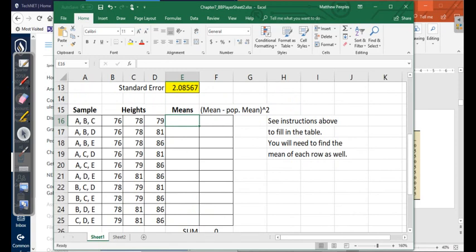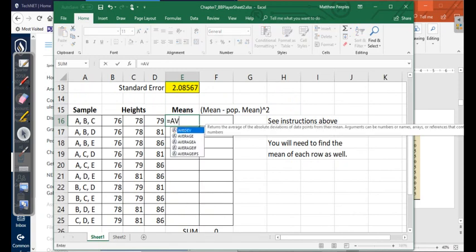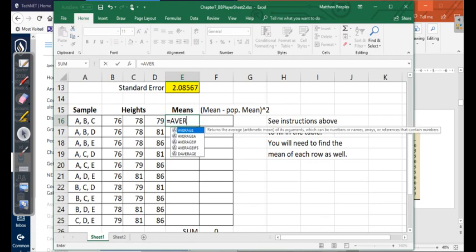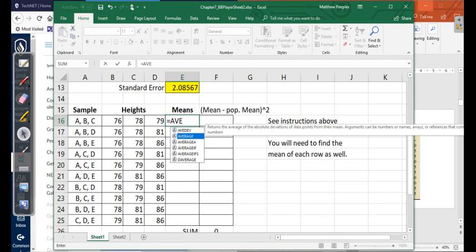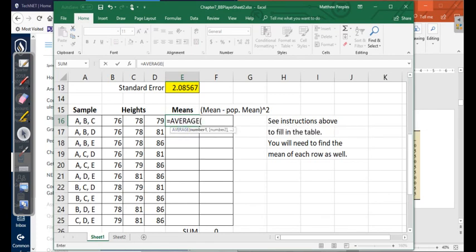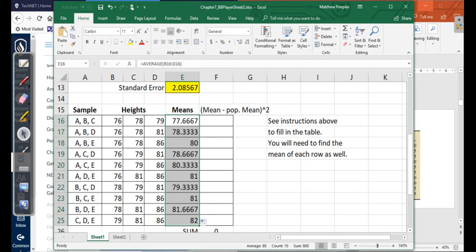Equals average. Let's get our average. Here it is, and our heights right there, that's our sample set. There it is, and this is our mean. And now we're going to just copy that all the way down as a formula. All right, here are each of our mean heights as shown in our table.